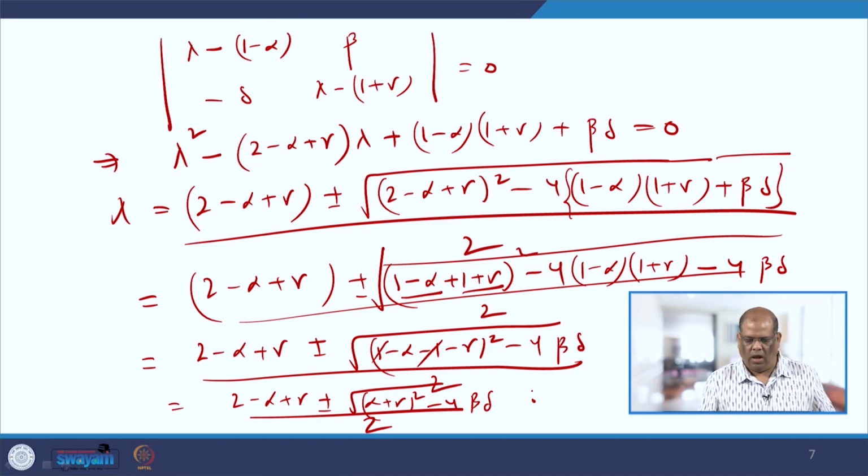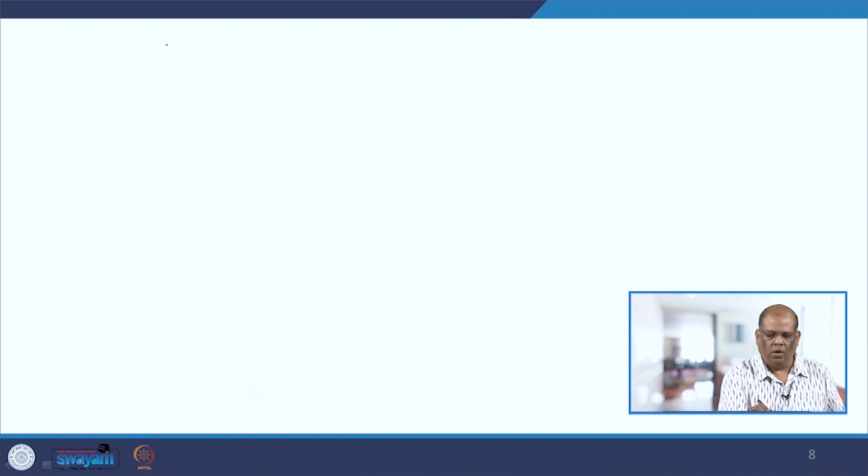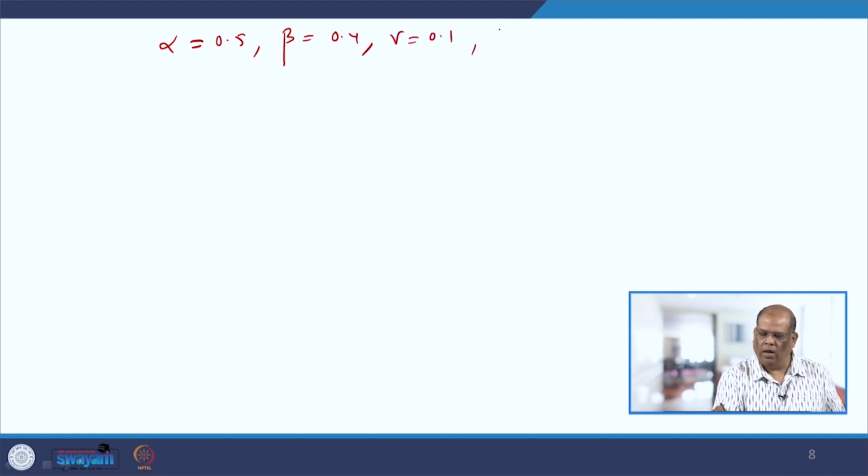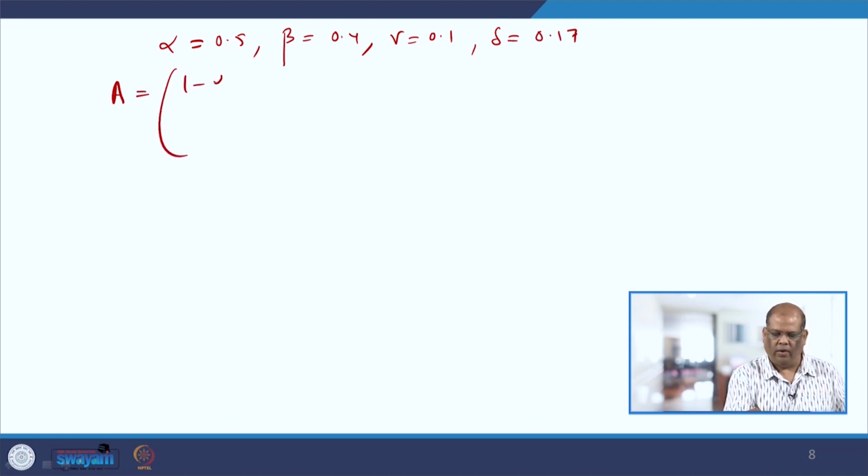Let us now see how this will behave if you take numerical values of the parameters. So, if you put alpha equal to 0.5, beta equal to 0.4, gamma equal to 0.1 and delta equal to 0.17, your coefficient matrix or Jacobian matrix is this.